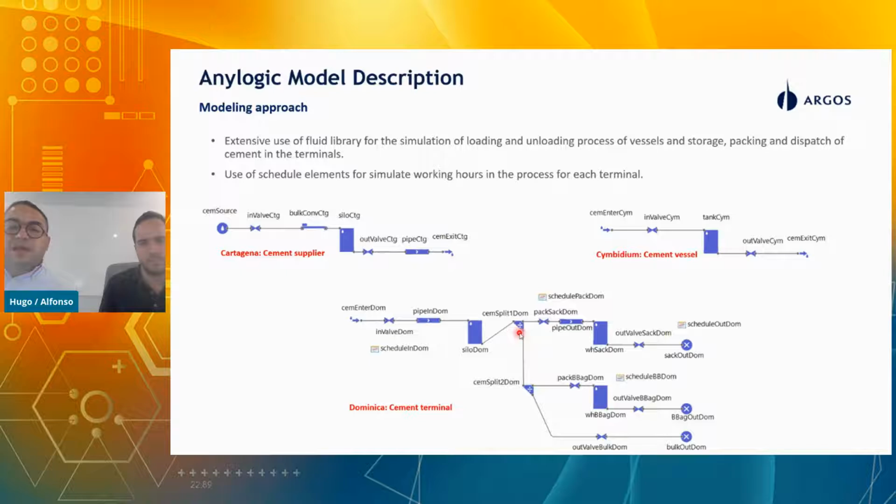the main silo as a storage in the terminal. We have also a split element that allows us to produce the different presentations of the cement or the different products.